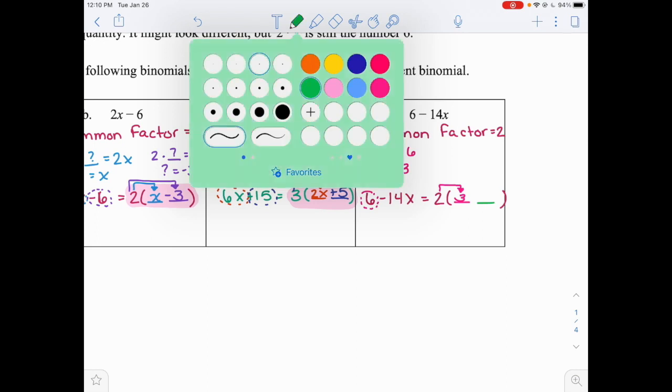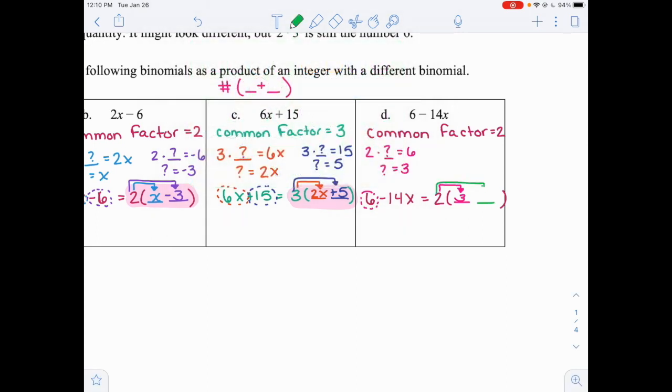And then 2 times something should get me negative 14x, and that something is going to be negative 7x, so minus 7x. And that is factored form.